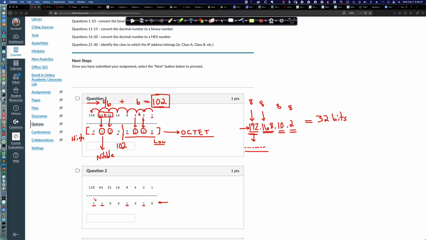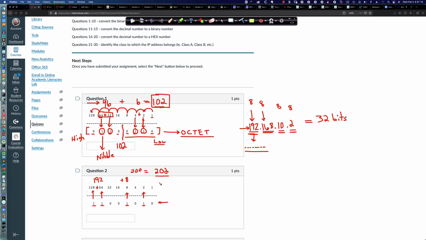We then take a look at the corresponding decimal values, and we simply add them into an equation and get our result. So 128 plus 64 is 192. And then I would say plus 8 is going to be 200. And then 200 plus 2, and we don't need to do much for that, is going to be 202.